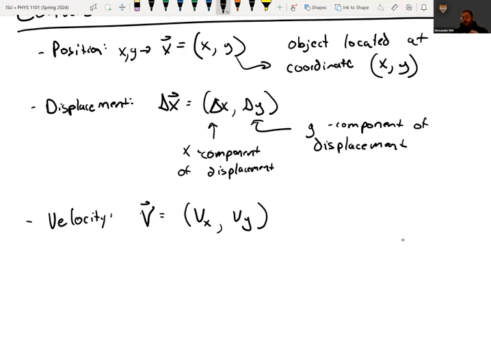As you're going in a straight line southeast, there is a rate at which you are moving south and a rate at which you are moving east. That's what v sub x and v sub y are telling you. They're telling you the rate at which you are going southward and the rate at which you are going eastward, or x would be east-west in a map coordinate plane, and y would be north-south. So that's the idea with that.